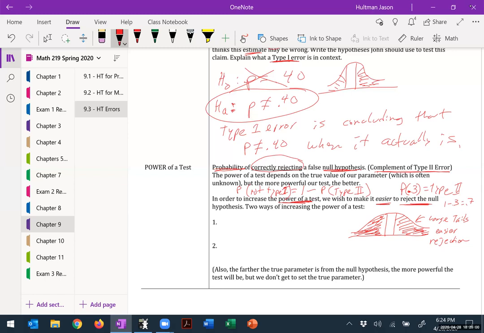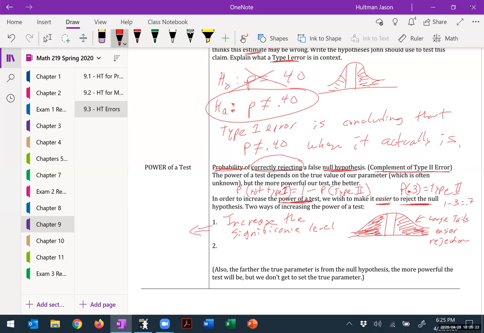One thing that we can do is increase the significance level. Okay, what does increasing the significance level do?